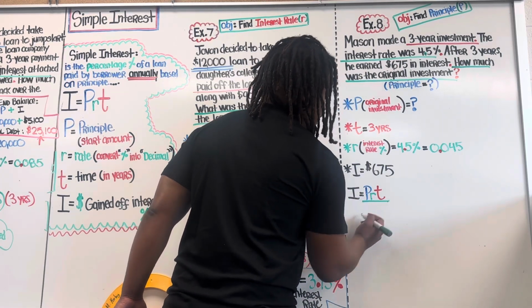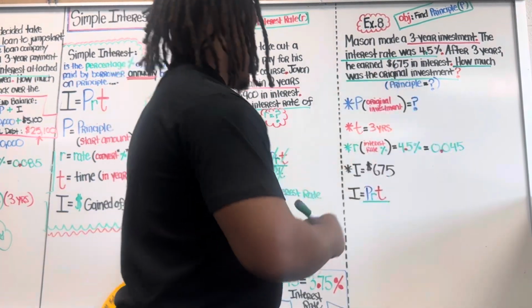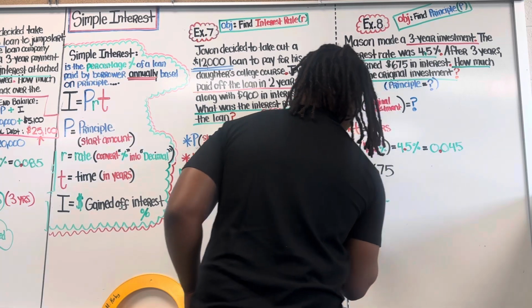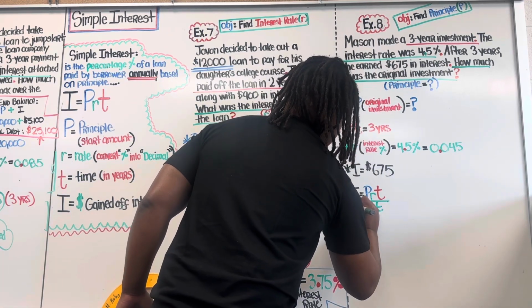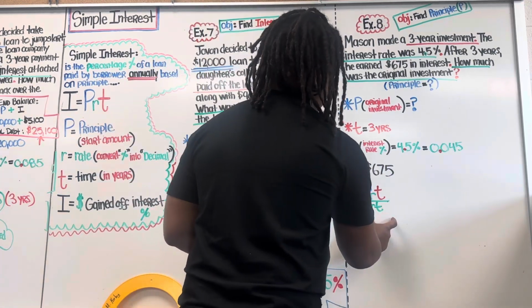The operation that represents detachment is division. So I'm going to divide RT away from P, the principal, and I'm going to divide on the opposite side as well, because what I do on this side, I have to do on that side.